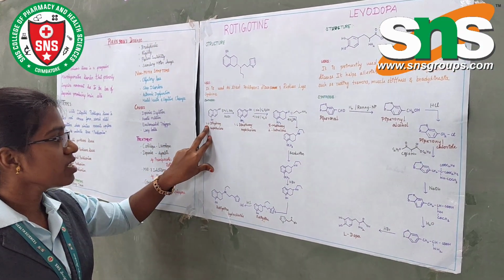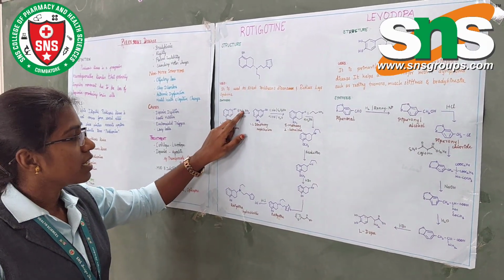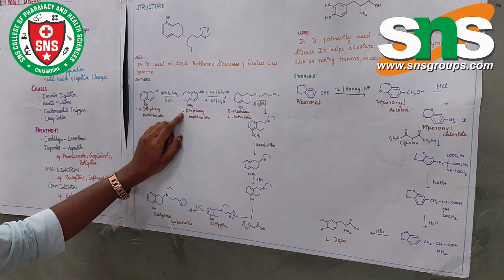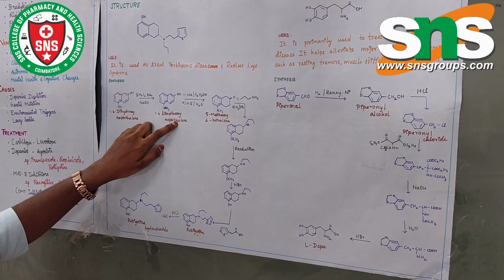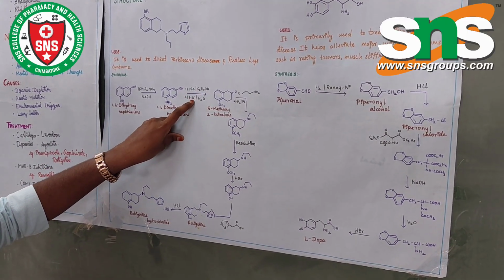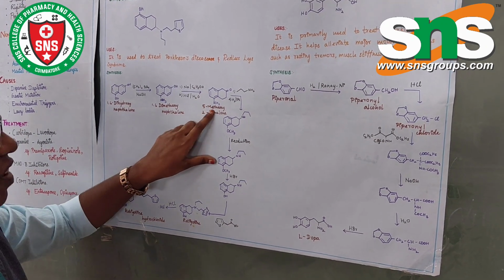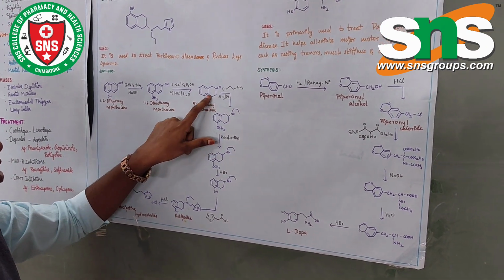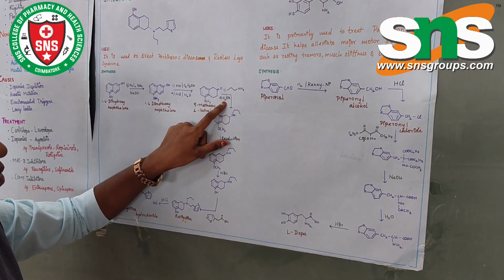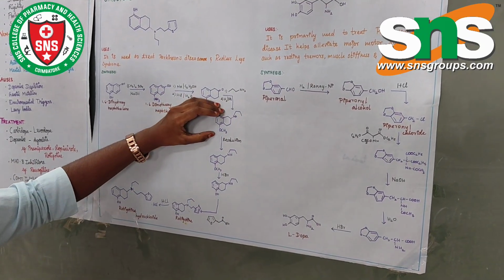The precursor used is 1,6-dihydroxynaphthalene, which on treatment with dimethyl sulfate in the presence of sodium hydroxide, we obtain 1,6-dimethoxynaphthalene, which on further treatment with sodium and ethanol, followed by hydrochloric acid in the presence of water, we obtain 5-methoxy-2-tetralone, which on further treatment with propylamine, followed by reduction with hydrogen in presence of platinum, we obtain an intermediate.